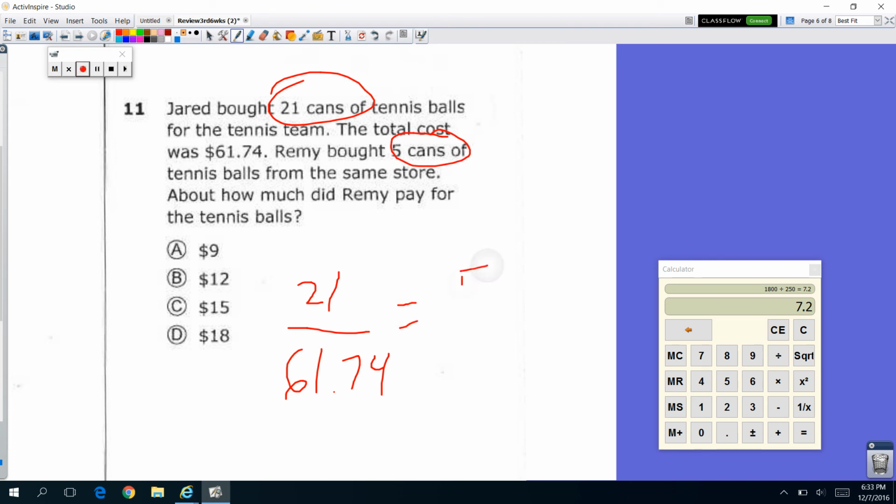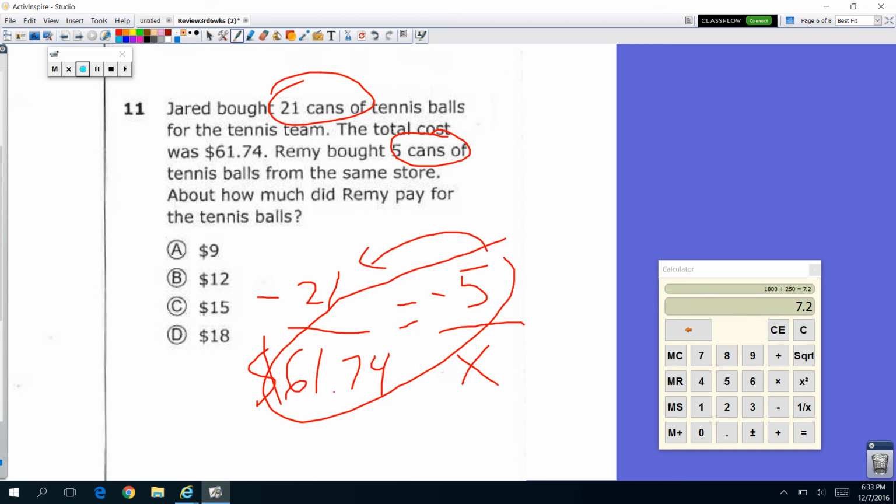So there are ratios, proportions, we want to make a proportion, and so this line is for cans, 21 and 5, and this is the money part. Since it's a proportion, I can multiply those two and then divide it by that, and it should give me X. So I'm going to go ahead and do that.